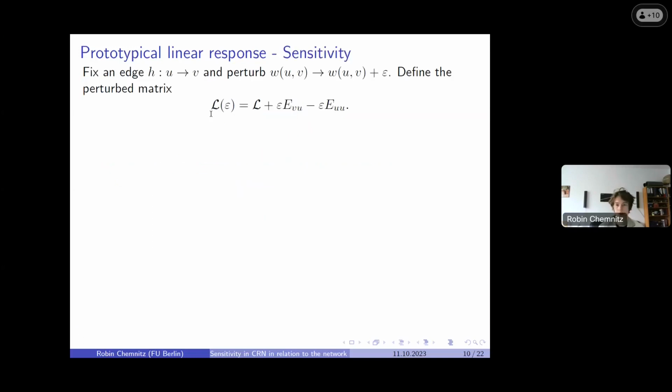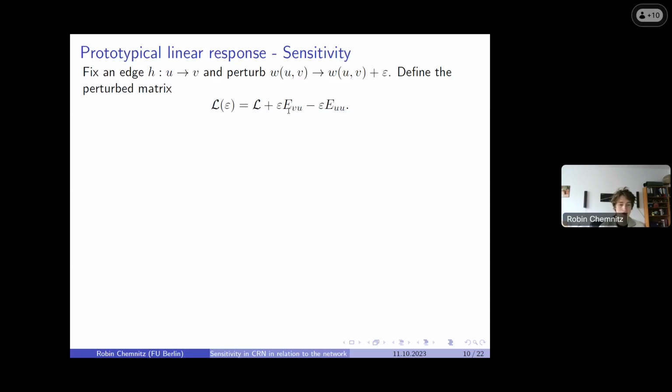And then we can proceed just as before. We fix an edge and we perturb it a little, which means that we increase the weight by some epsilon. And as before, we define the perturbed matrix. How does the matrix change? Well, we change the weight from U to V by plus epsilon.